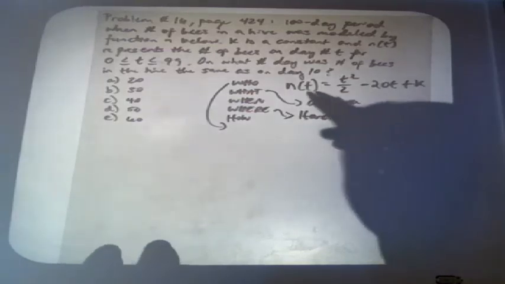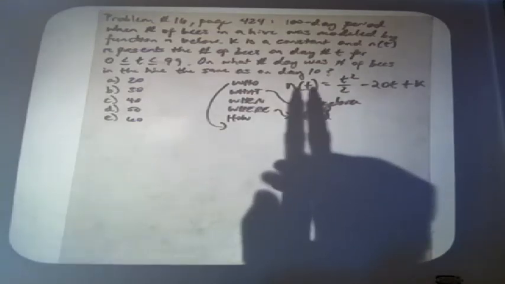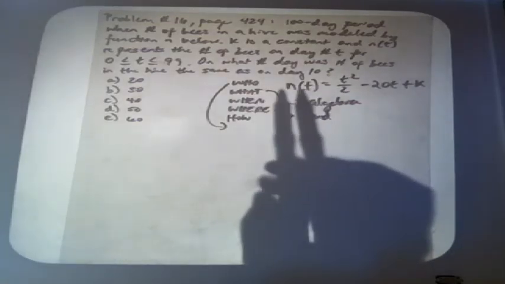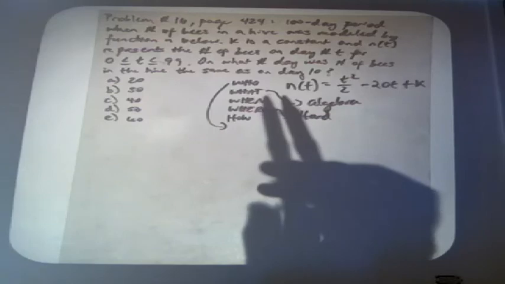Alright, so the first thing we want to do is highlight anything we're given that's going to be essential for us. So we're given the function. Now let's talk about what the function refers to. And remember that they tell us n refers to the, I'm looking at the actual problem here because I can't read my own handwriting.